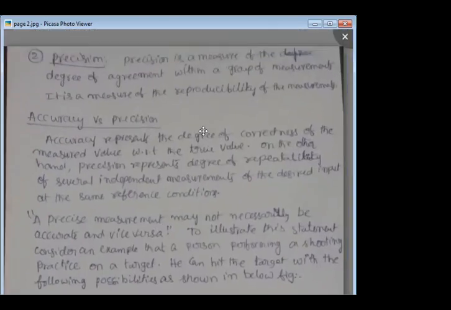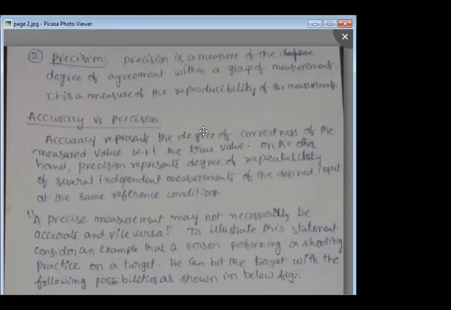So here, if you do a number of experiments on a particular variable, we will get a number of measurements. In that, we check how close those values are to each other. Suppose you are going to measure a voltage using a voltmeter, and you get a value of 50 volts.